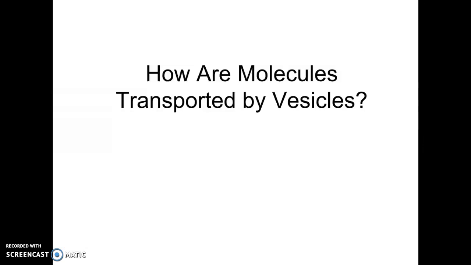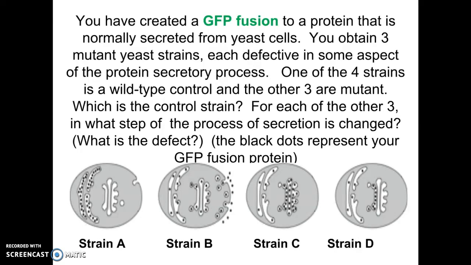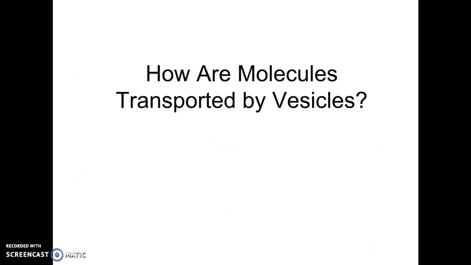So the next thing we want to know is how are things moved into vesicles? What is it about strain C that is not allowing things to leave the Golgi and go into vesicles?